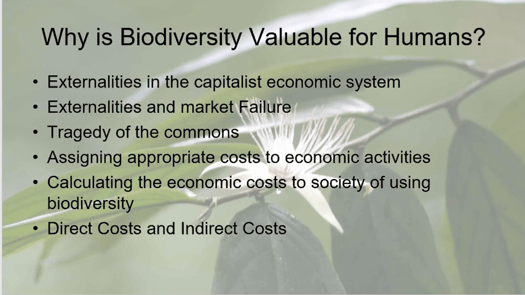This is known as an externality. So a lot of activities in the economic systems under the capitalist economic system are externalities. So there is a lot of use of natural environments without actually paying for it.